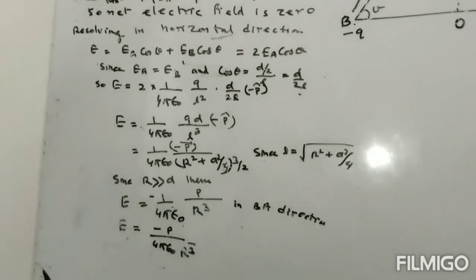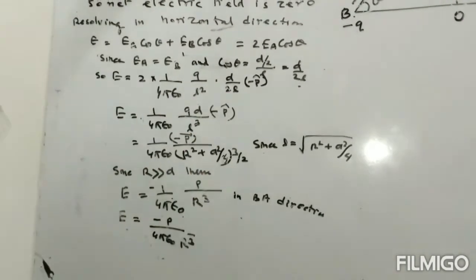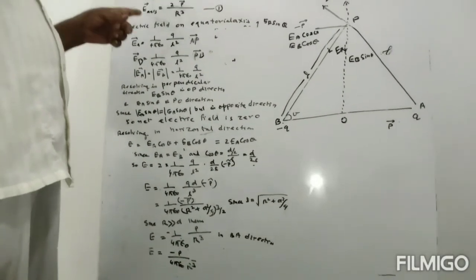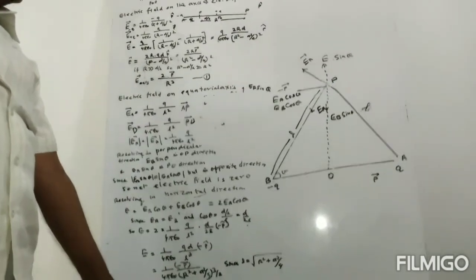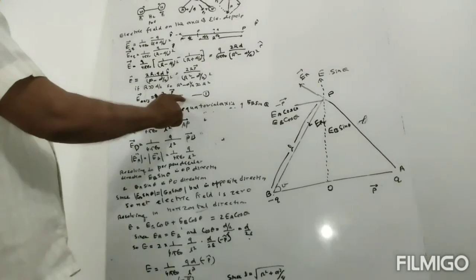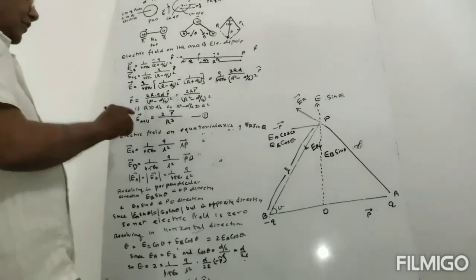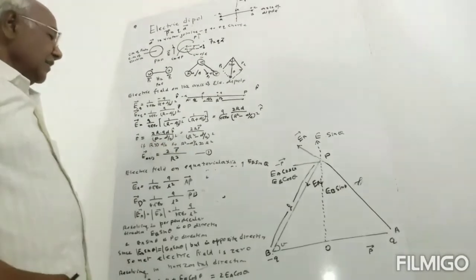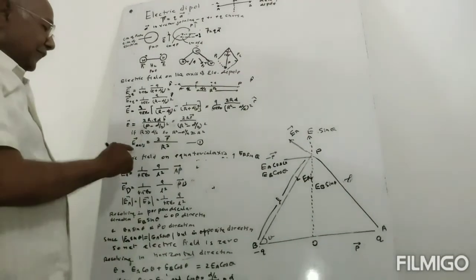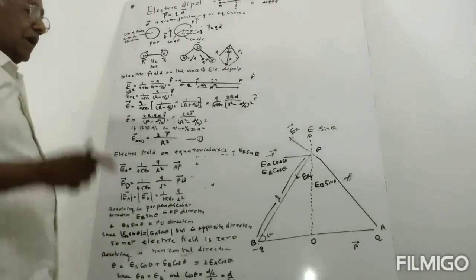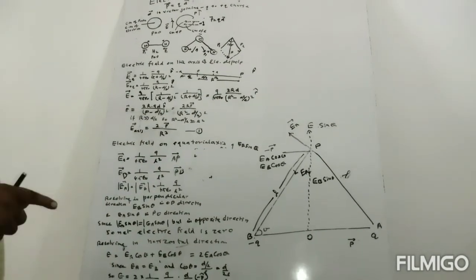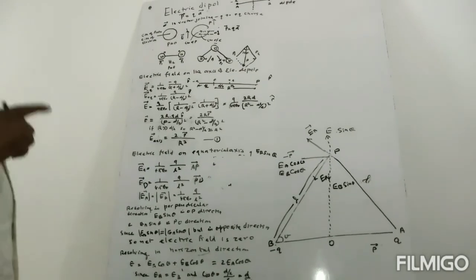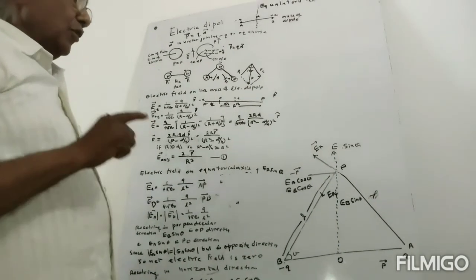So here we compare equation number 1 and 2. Then it shows clearly that the electrical field on the axis is twice in magnitude of the electrical field on the equatorial plane. Second thing, the electrical field on axis or on the equatorial plane is directly proportional to P. It means the electrical field at axis and equatorial plane will not depend only on Q and D, but it will depend on the product Q into D, which is dipole moment.